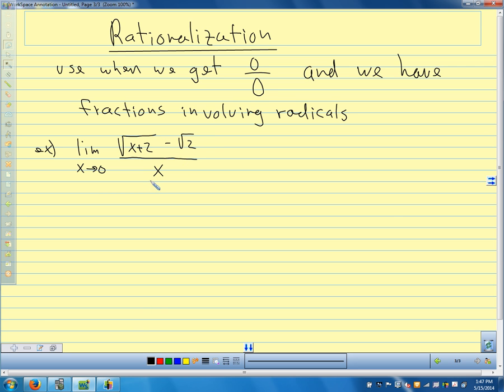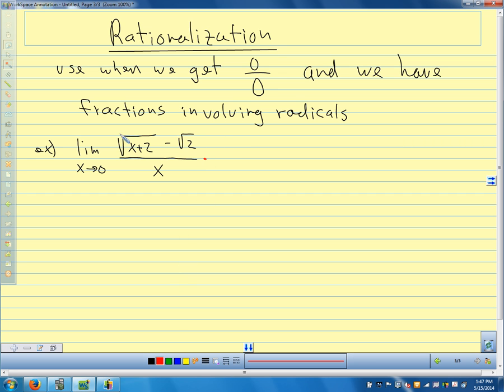So we need to rationalize this. To rationalize, we're going to multiply the numerator and denominator by the conjugate of, in this case, the numerator.